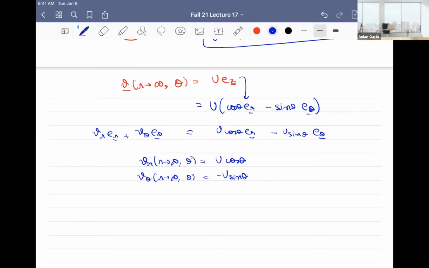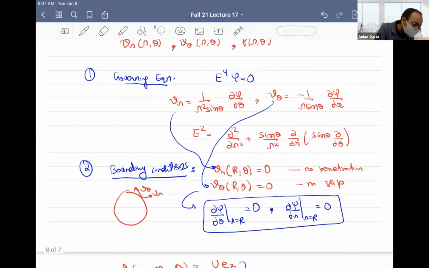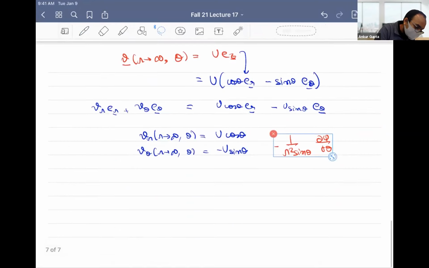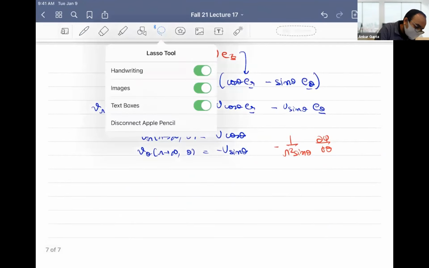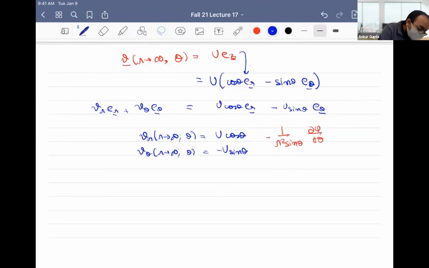Good. Okay. So now we have this free stream boundary condition, which is far away. And like we did, we'll substitute the value of V_r. So this is equal to V_r, right? This is essentially equal to minus 1 by r squared sine theta as r goes to infinity.